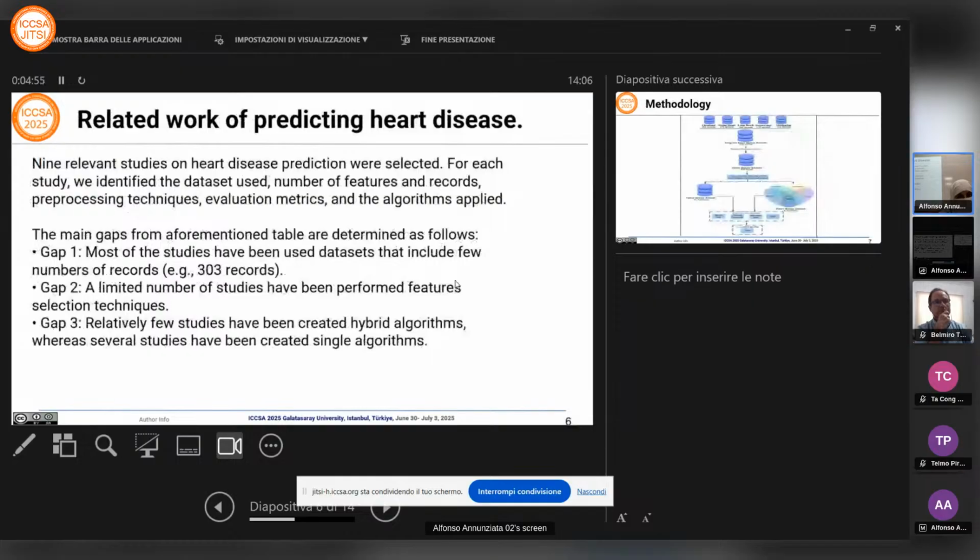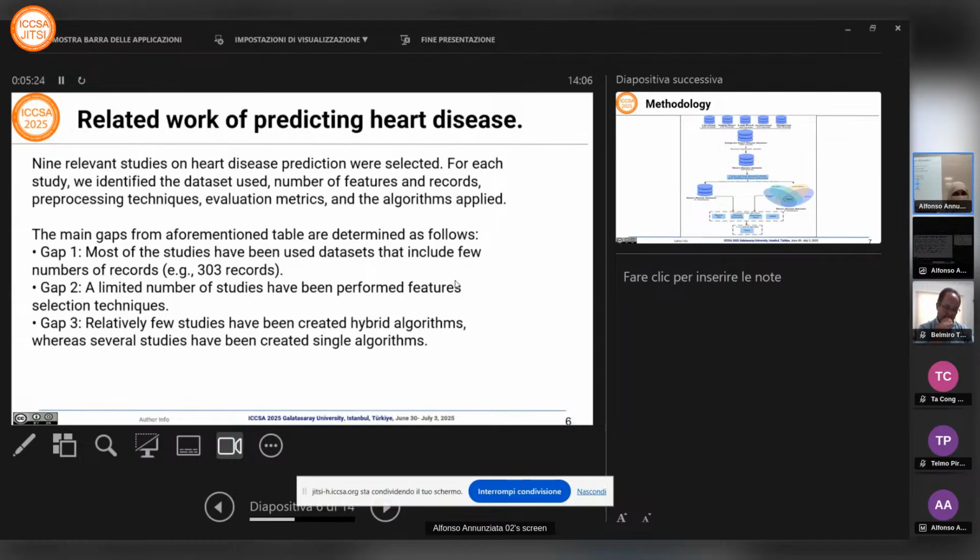Related work of predicting heart disease: 9 relevant studies on heart disease prediction were selected. For each study, we identify the dataset used, the number of features, and record pre-processing techniques if the paper used any pre-processing or dataset cleaning, which evaluation metric was used, and the last thing, the algorithm applied.